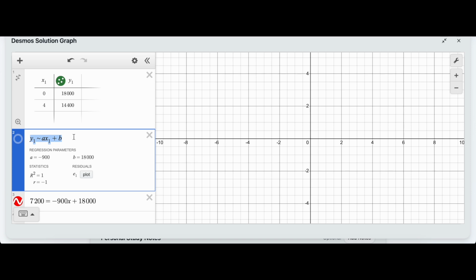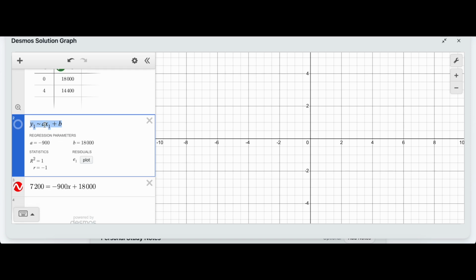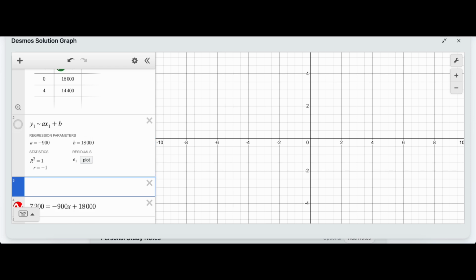So what happens is Desmos will give you that, if you have linear regression in the form ax plus b, then your a value is going to be negative 900 and your b value is going to be 18,000. In other words, your equation is going to be y equals negative 900x plus 18,000. So this is the entire equation that we spent so long trying to find, right? Desmos finds that for you.